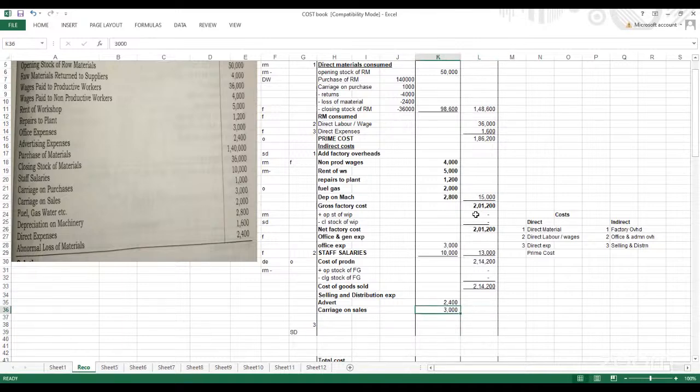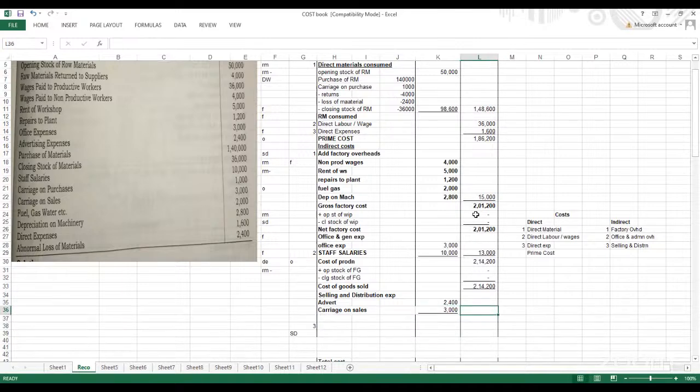So again we'll take the total of these two and add it to the previous total of COGS. So we add that 214,200 plus selling and distribution expenses. We get total cost. What we get here is called total cost or cost of sales. Is this clear?